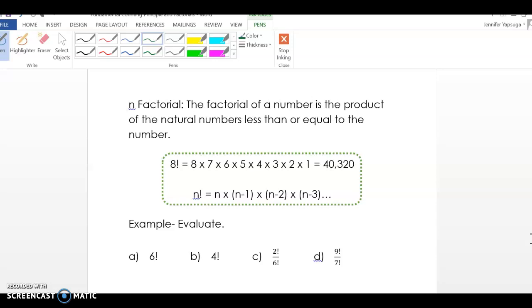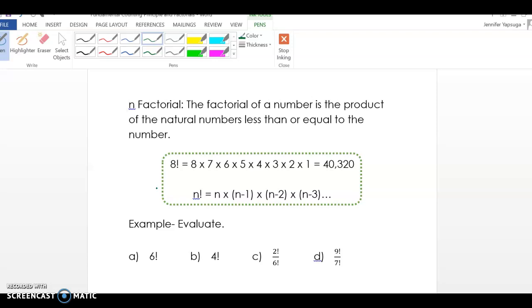So you have seen it written as a number with an exclamation point behind it. So I put an example here in this green box with 8 exclamation point, which really means to multiply 8 times 7 times 6 times 5 times 4 times 3 times 2 times 1. And if I put that all in the calculator, I get an answer of 40,320.